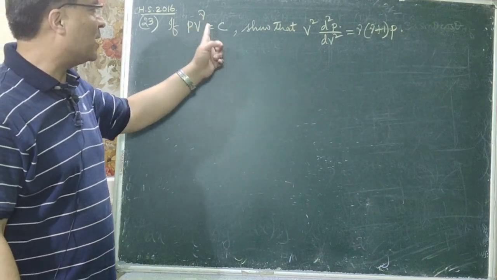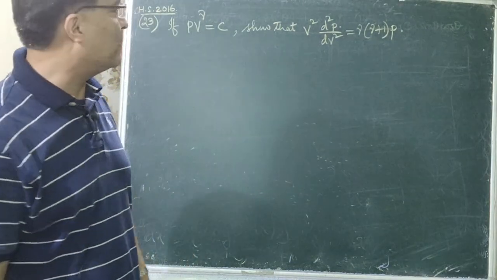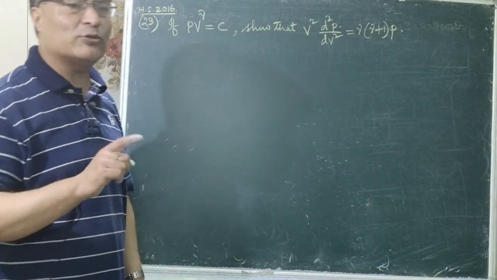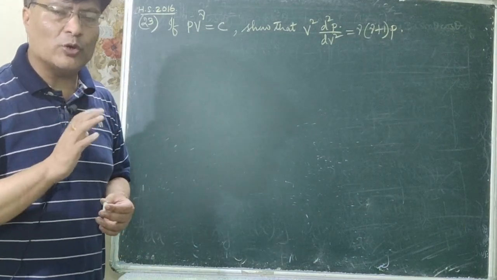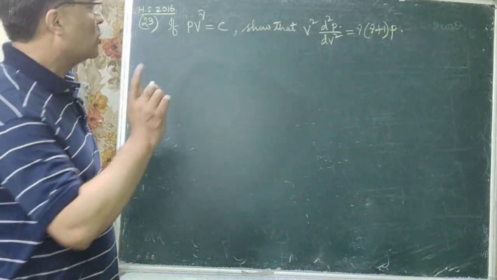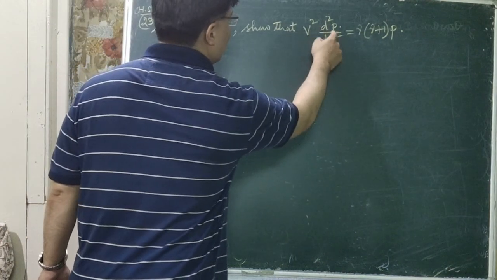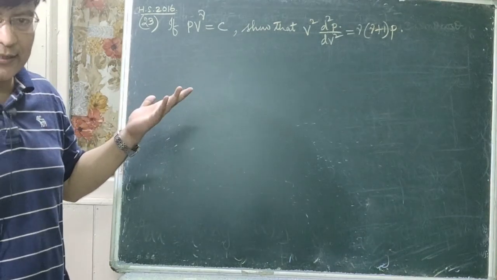PV to the power gamma is equal to C. You have to prove that V square d2P by dV square is equal to gamma into gamma plus 1 into P. So in this case, you should know which are the variables and which are constants. In order to prove this, for d2P by dV square, you have to find out first dP by dV. You know that, isn't it?